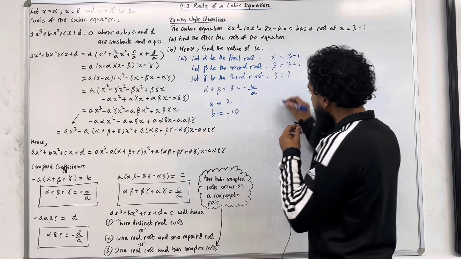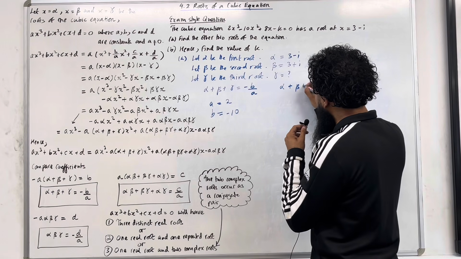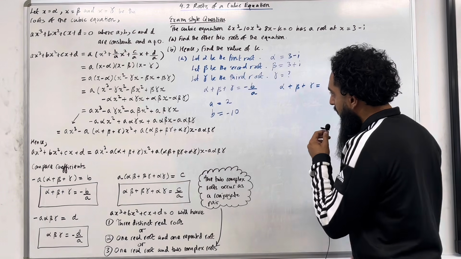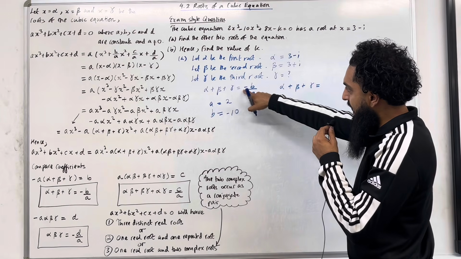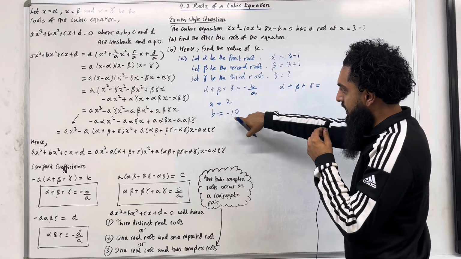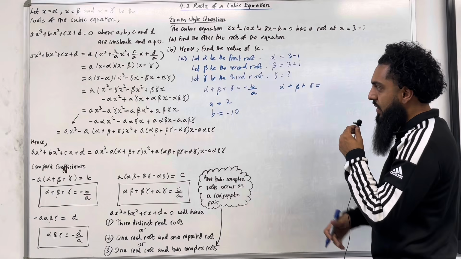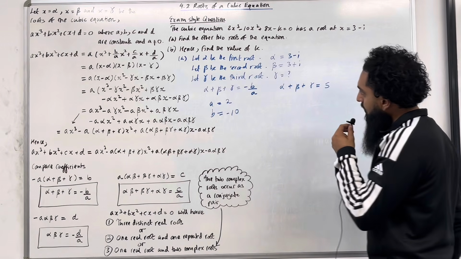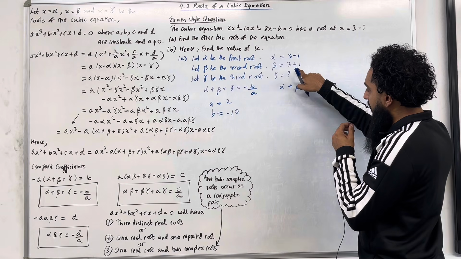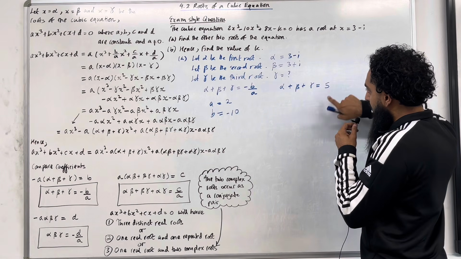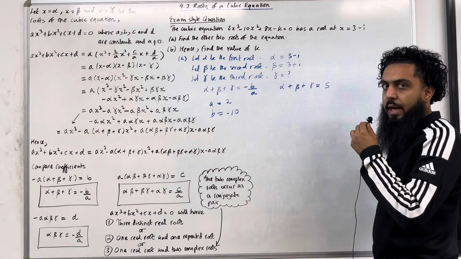So I've got alpha plus beta plus gamma has to equal 10 over 2, which is 5. Remember, we've got a negative there, so minus minus 10 is just 10, so 10 over 2, which is 5. Replace the alpha with 3 minus i, the beta with 3 plus i, and leave the gamma as it is, equal to 5. Rearrange, work out gamma.